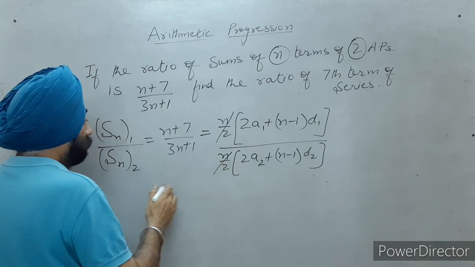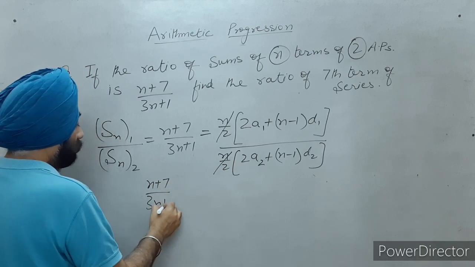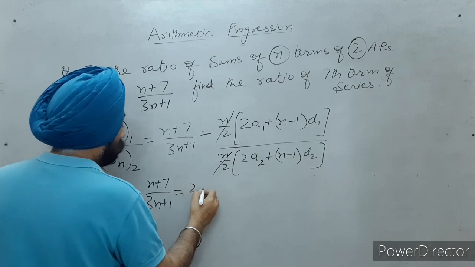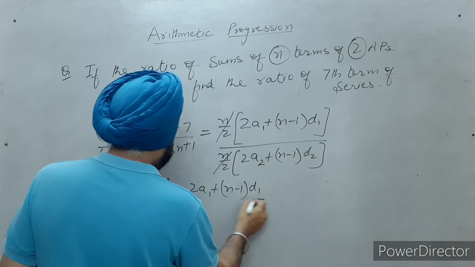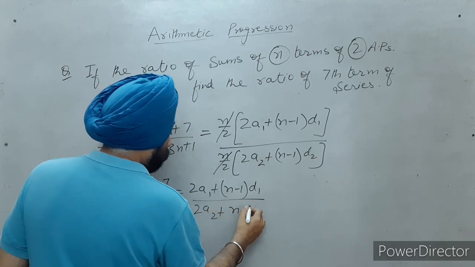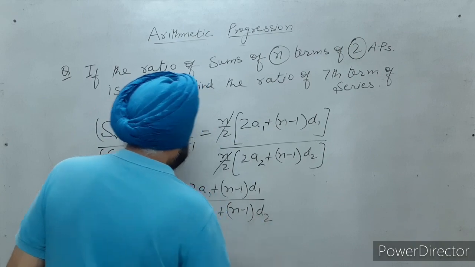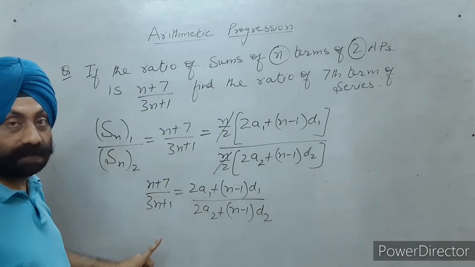Now what am I left with? n plus 7 over 3n plus 1 equals 2a1 plus n minus 1 into d1, divided by 2a2 plus n minus 1 into d2. The n by 2 cancel.